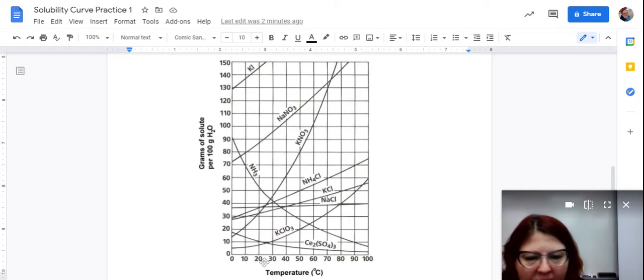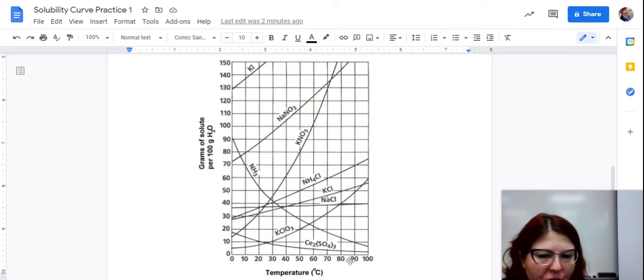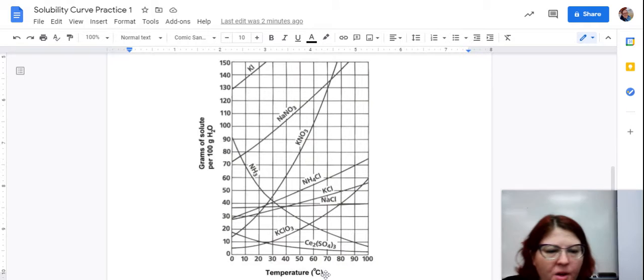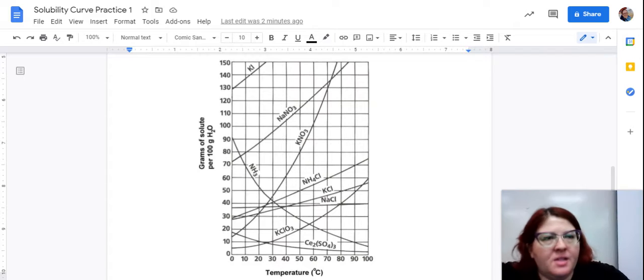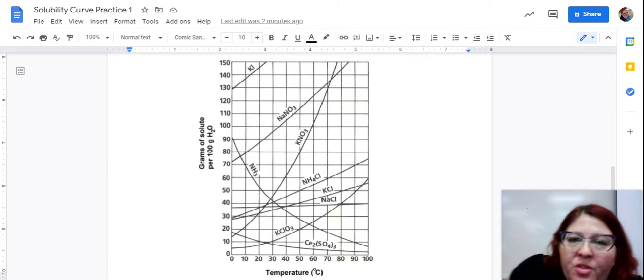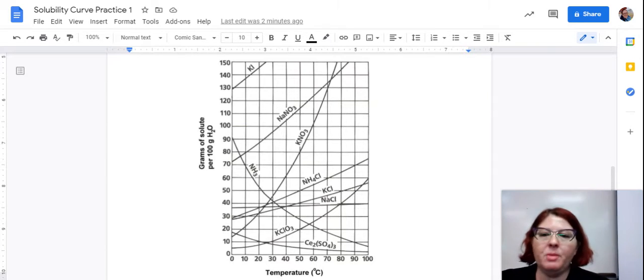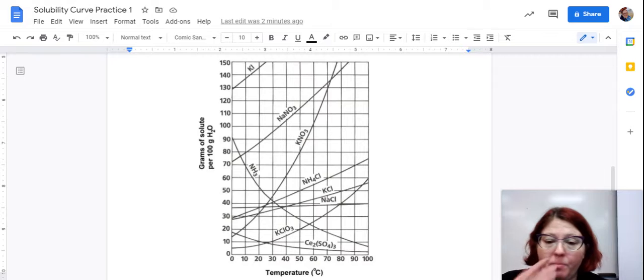Down here on the x-axis, you have temperature in degrees Celsius. On a lot of graphs you can change what's on the x-axis, the numbers and the range, but for this particular kind of graph, because we're talking about how much can be dissolved in liquid water, that's the only range you can have.